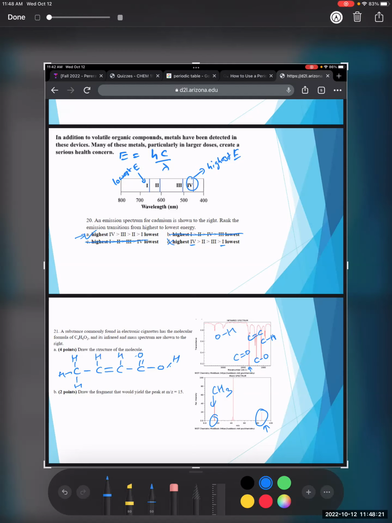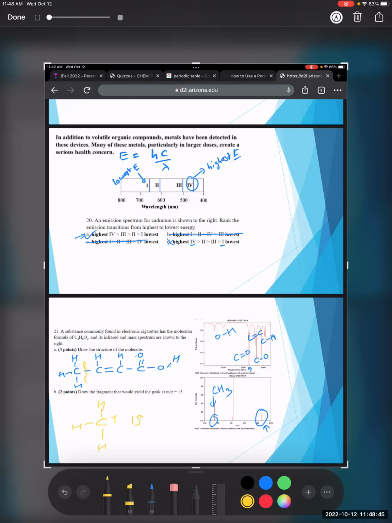Here you go. Now, if the molecule fragments from here, then it's going to give a CH3 fragment, which has a mass of 15 atomic mass units. And the rest matches as well: the 4 carbons, 6 hydrogens, and 2 oxygens.